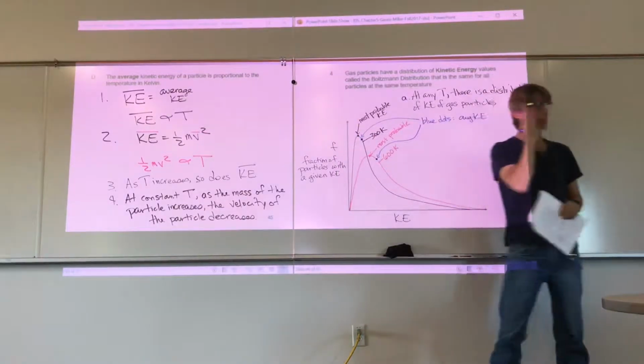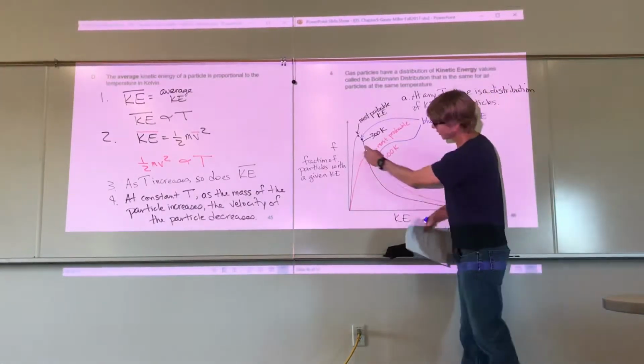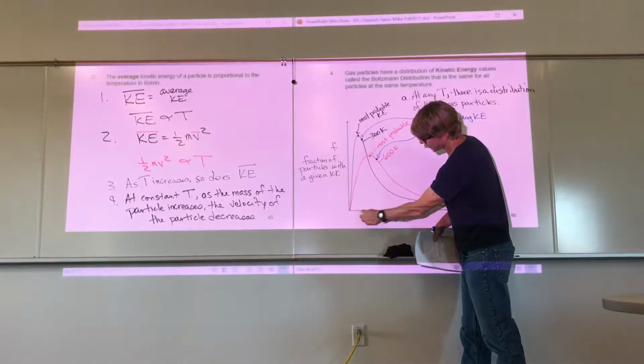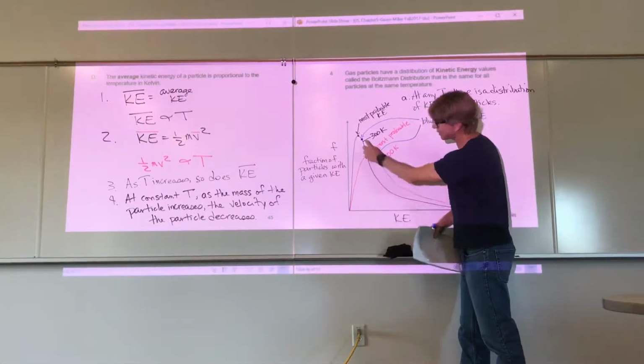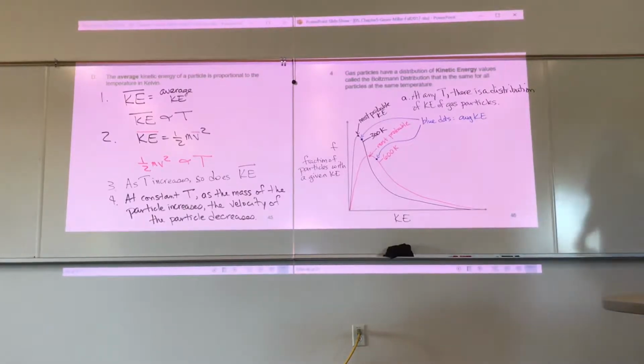And again, all you have to know is that it's somewhere to the right of the peak. And I don't know, my curve isn't that good, but if you look at whatever the number is here, it is approximately double the kinetic energy. And that is true. As temperature doubles, average kinetic energy doubles as well.